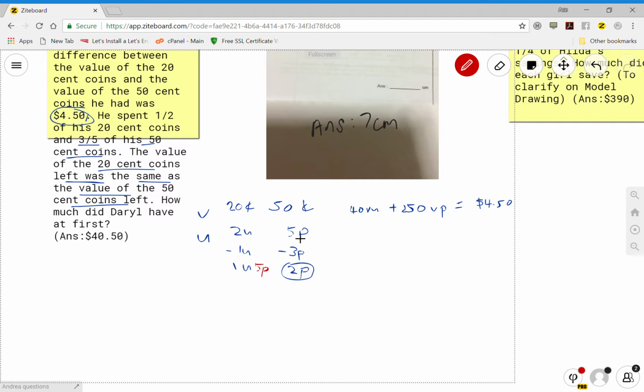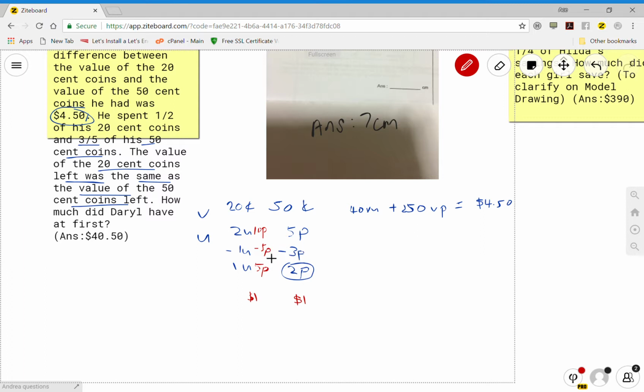So 50 cent times 2 will give you $1. This is just one example. And then 20 cent times 5 will also give me $1. So the only way for the value to be the same is that this is 5, this is 2. So if this is 5 and originally I had twice, that means here must be 10 parts. Then here is minus 5 parts.